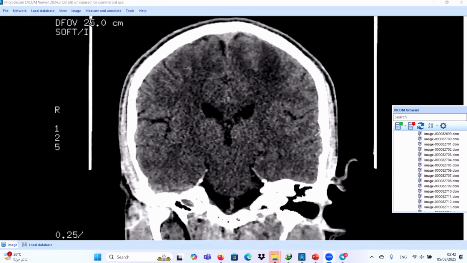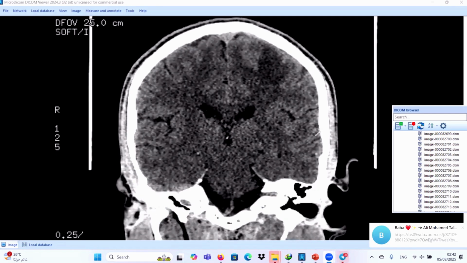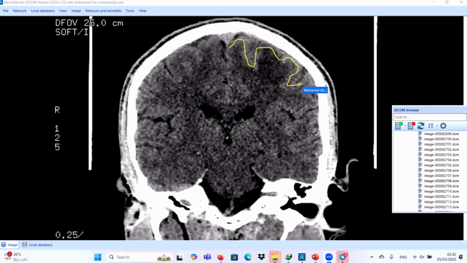Plane for the same patient, I need to demonstrate more the vasogenic brain edema. As you see here, it looks like finger-like projection, and at the same time, the gray matter is preserving its normal density.